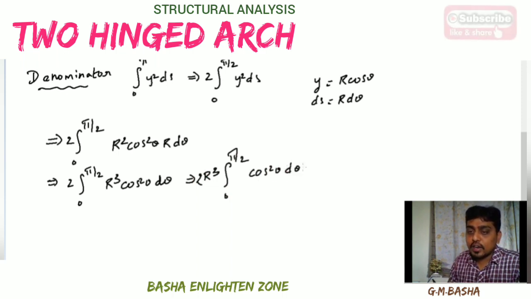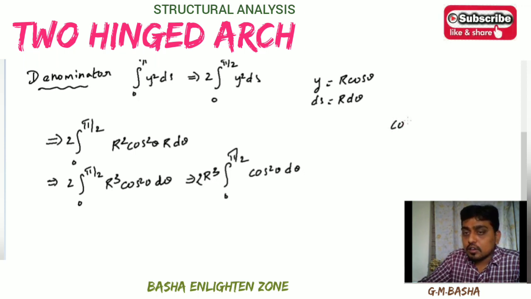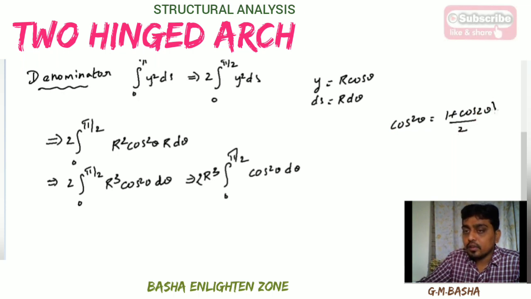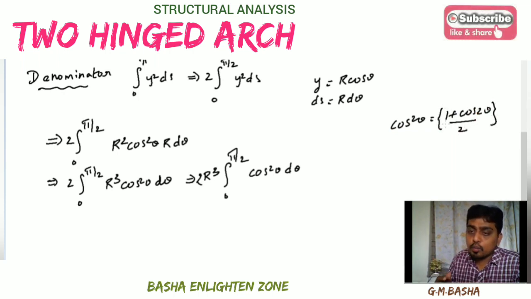So here you will get one formula. So please take down that formula: cos square theta equals 1 plus cos 2 theta by 2. If you want to solve by using another simplification, you can solve like that also. It is a simplification, it is your own wish.